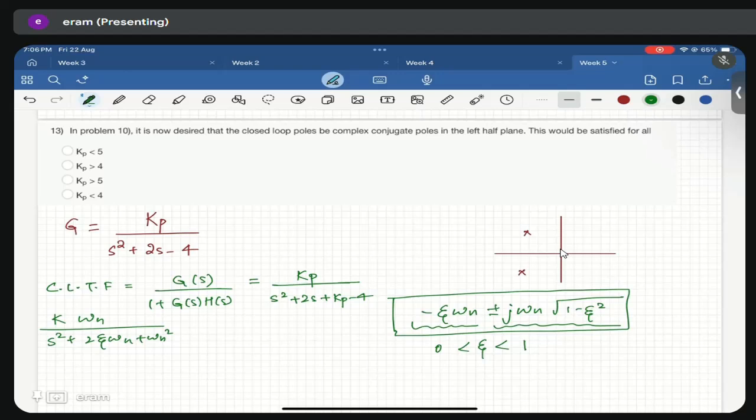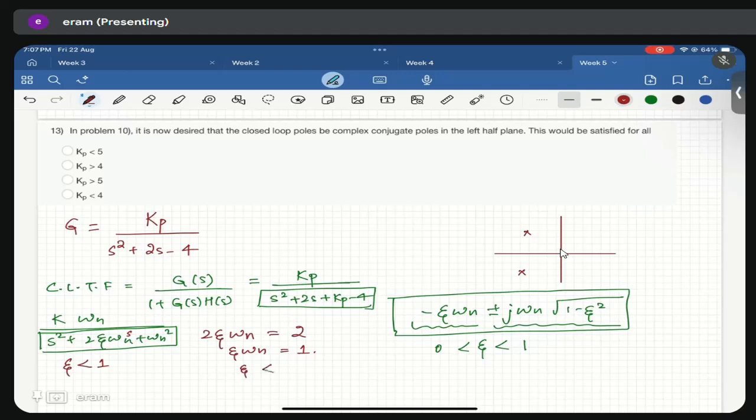Now if we compare this denominator with this one, we have 2 zeta omega n equals 2. So zeta omega n is 1, and we have to ensure that zeta should be less than 1.